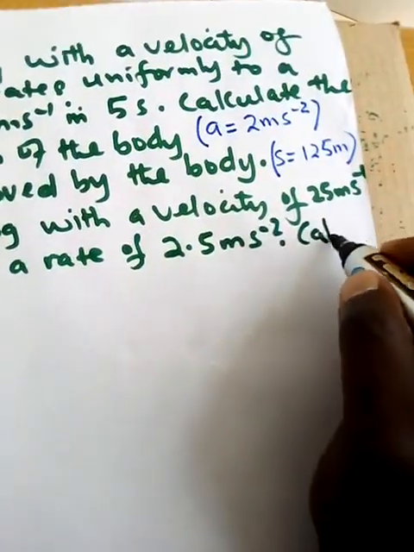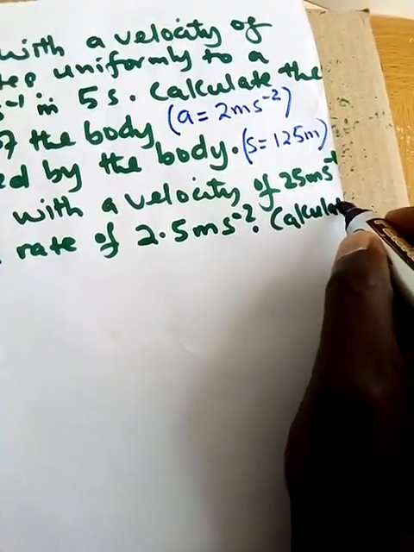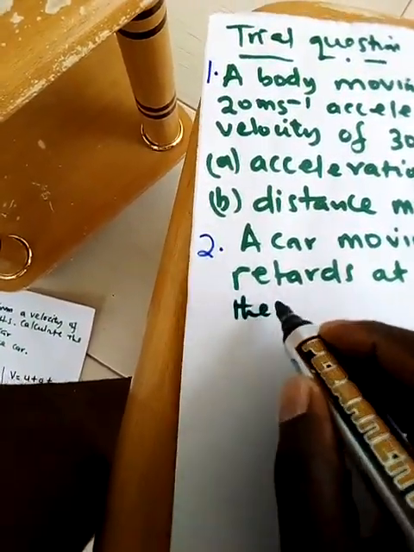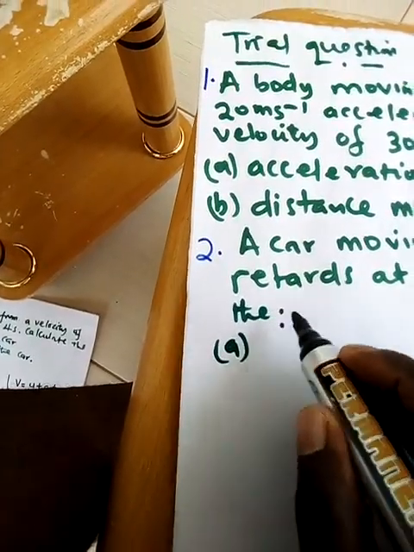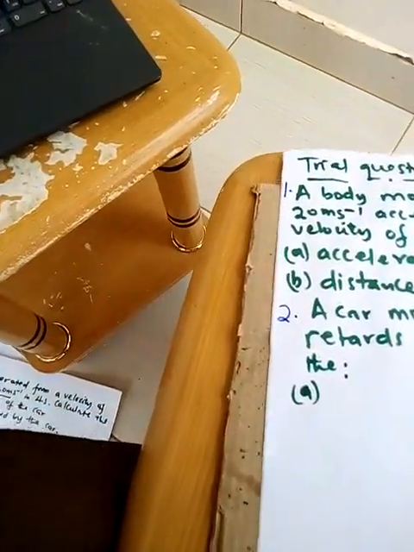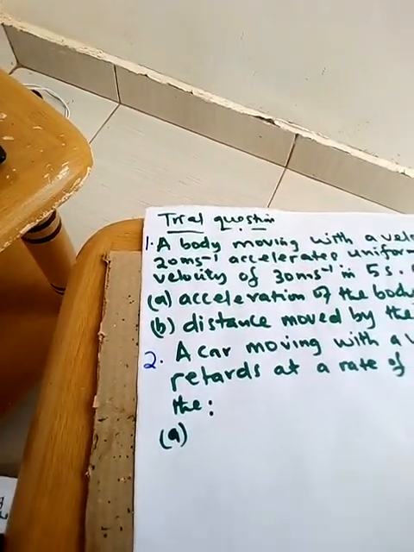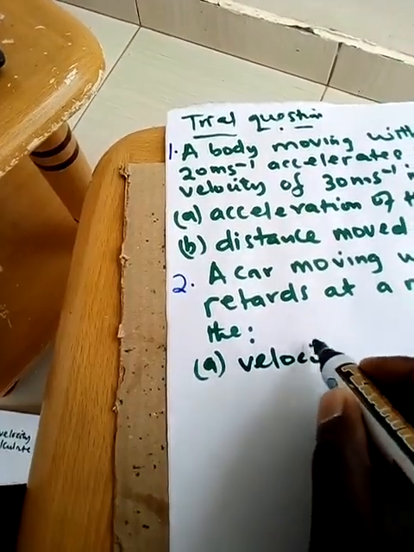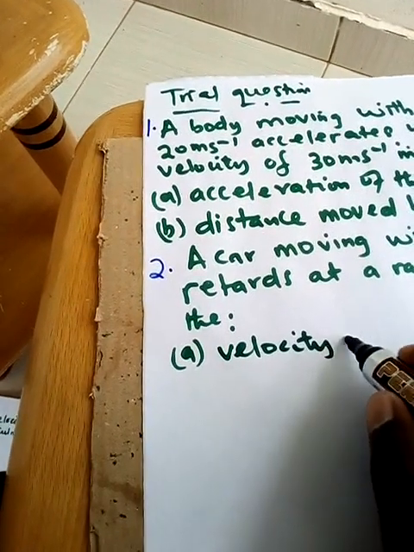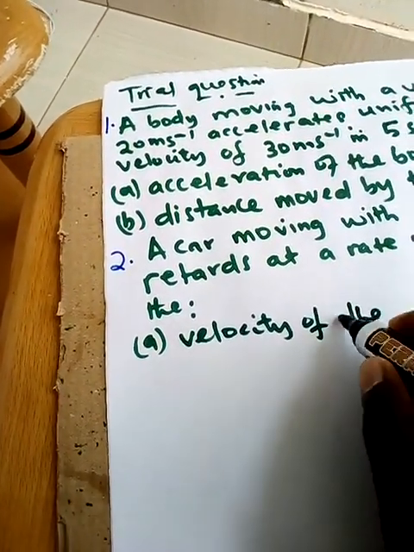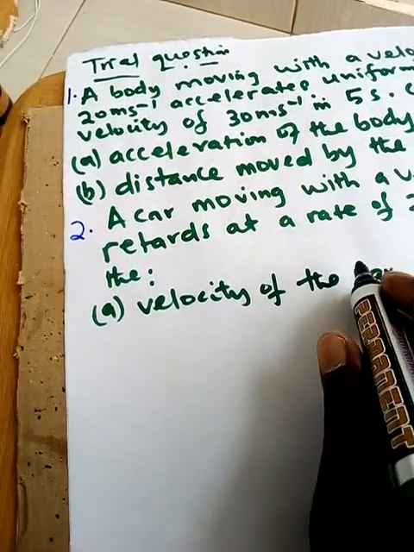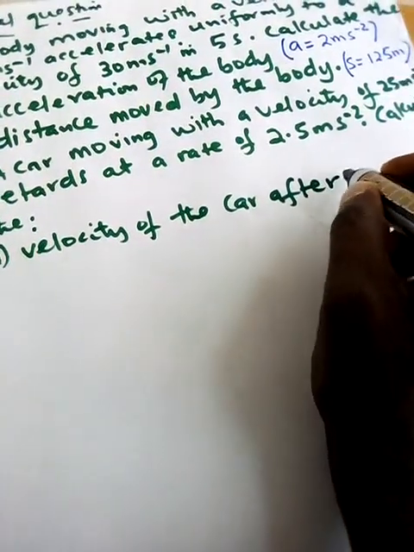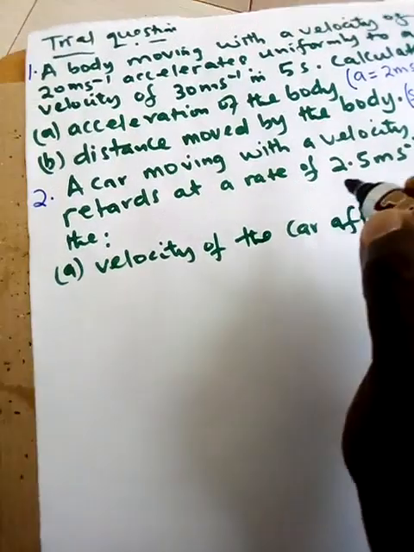So the question is calculate part A, the velocity of the car after 8 seconds.